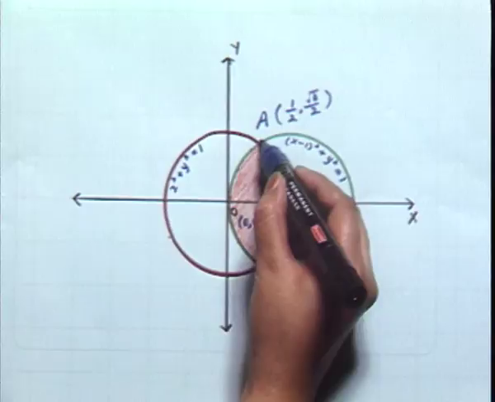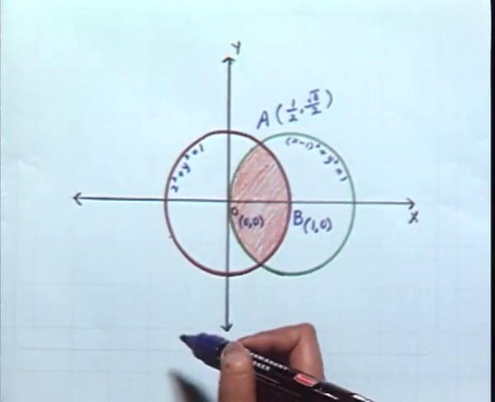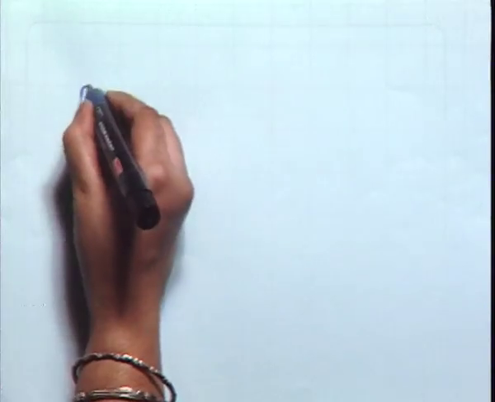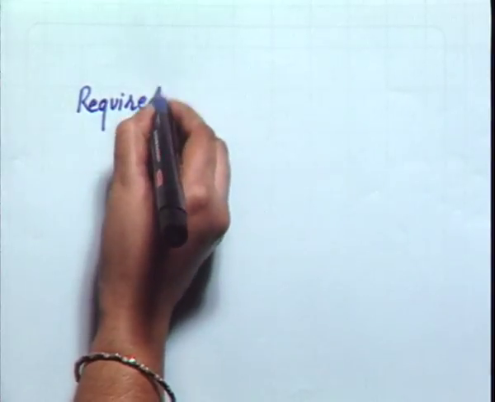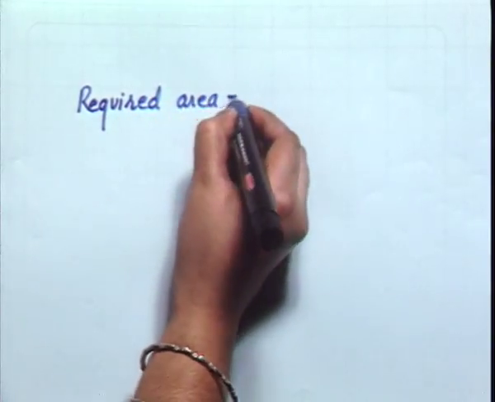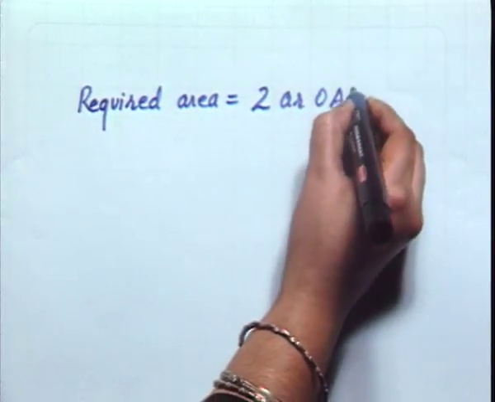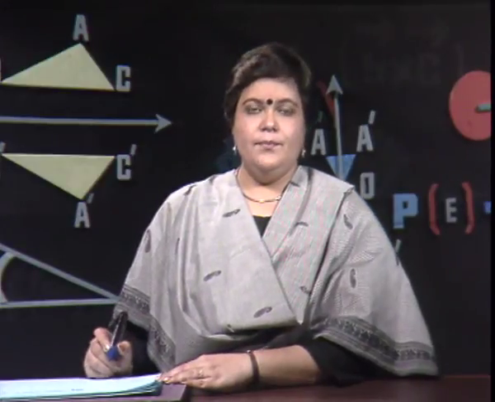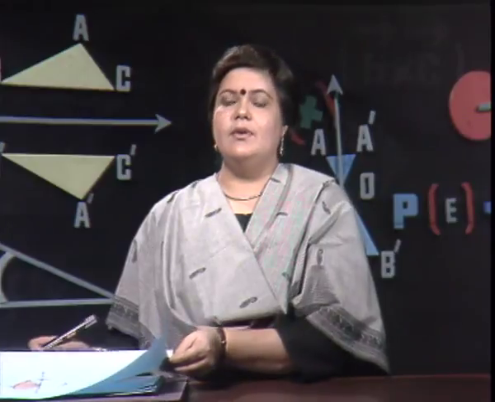So, the area required is actually twice the area OAB, and that is how we are going to do our work. If the required area is equal to twice the area OAB, we will now concentrate on finding the area OAB. For that, you again need to take a good look at your curve.